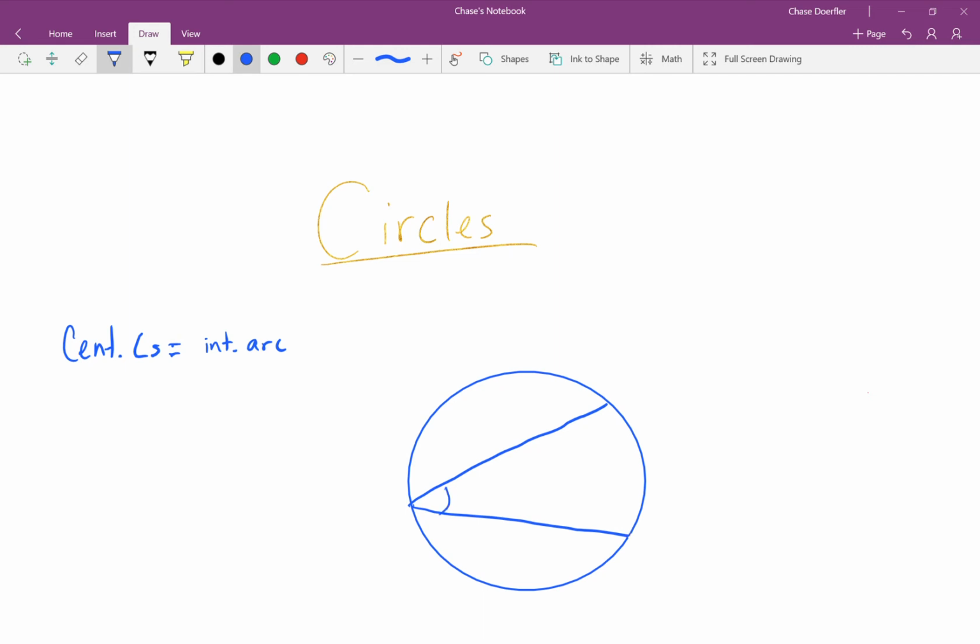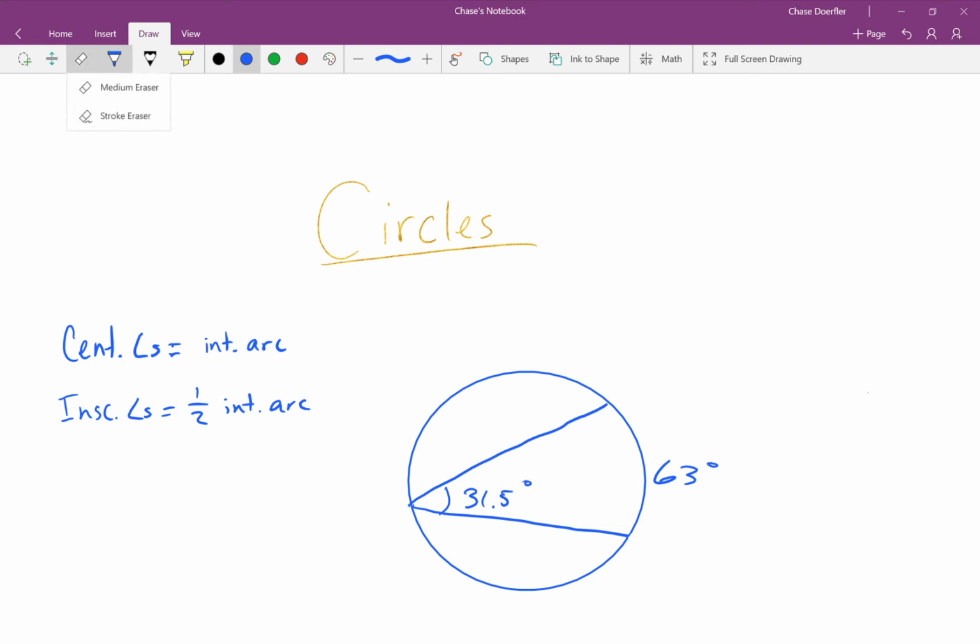And the inscribed angle will be equal to 1/2 of the intersecting arc. And that would be this. Assume it's 63 degrees. This would be 31.5 degrees.